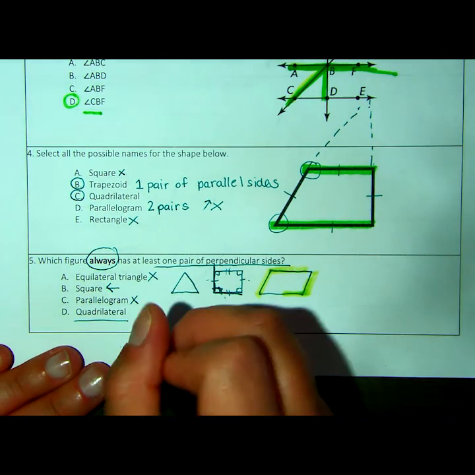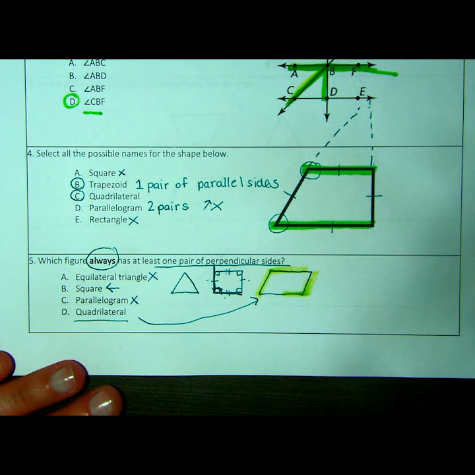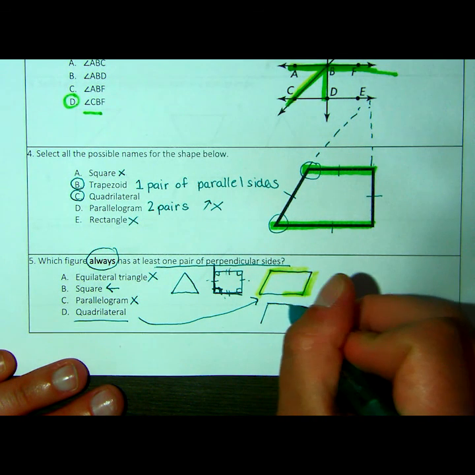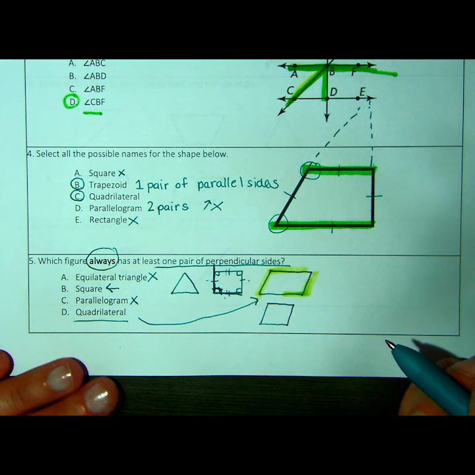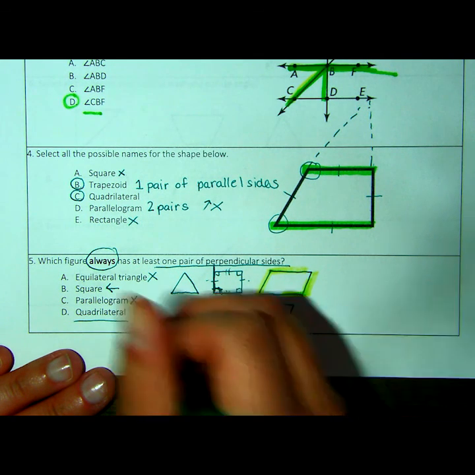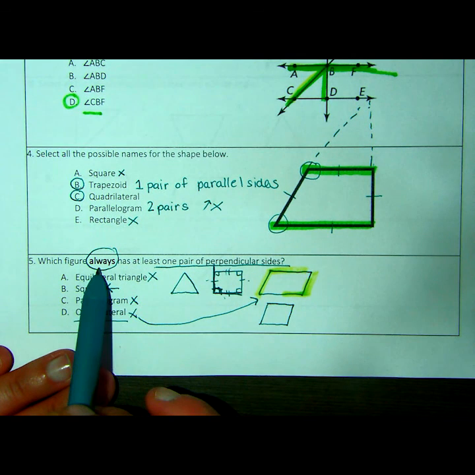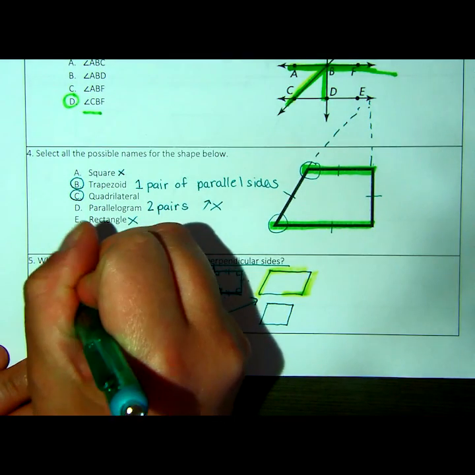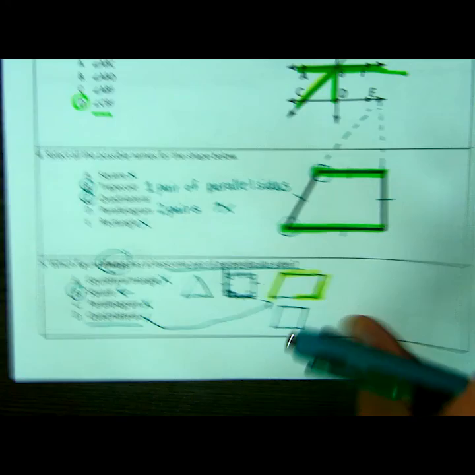Isn't a rhombus an example of a quadrilateral? Yeah. These don't have any perpendicular sides, so a quadrilateral will not always have at least one pair of perpendicular sides. The only one that will is going to be B, a square. All right, let's continue on the back.